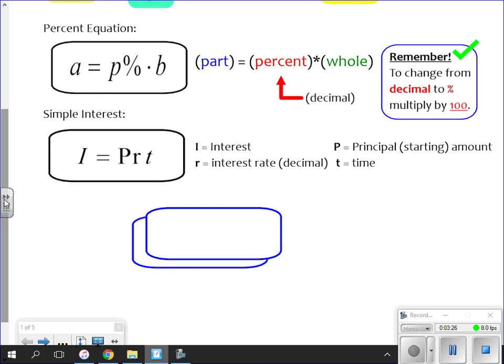So if you have a savings account, how much money you earn on that savings account, which I wouldn't put any money in a savings account nowadays, so you're not going to make much, is equal to how much money you put in times the rate, which is the interest rate, but you need to make it a decimal. It is important that you make your interest rate a decimal for this. And then time, how many years you have it invested for.